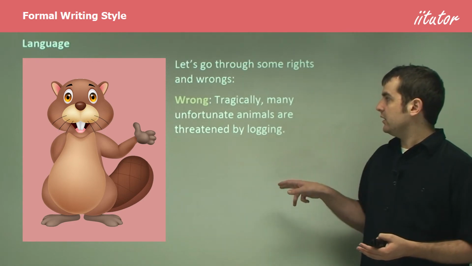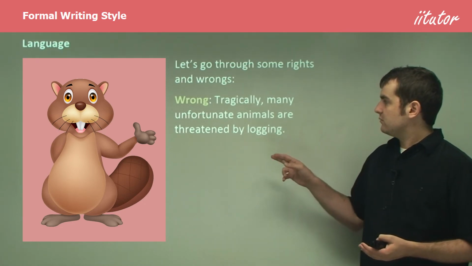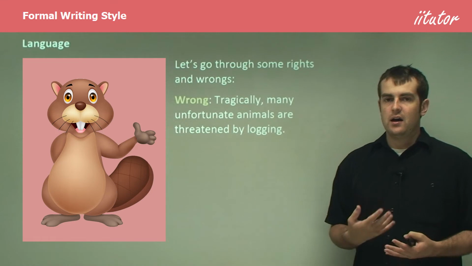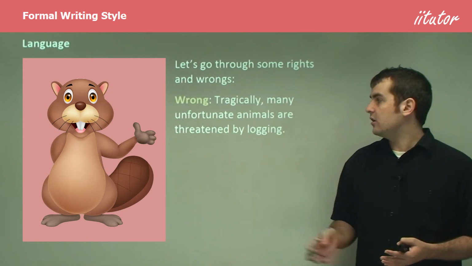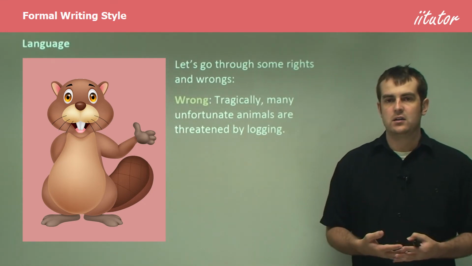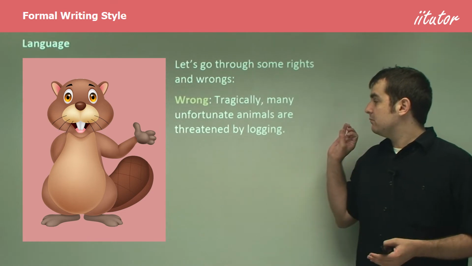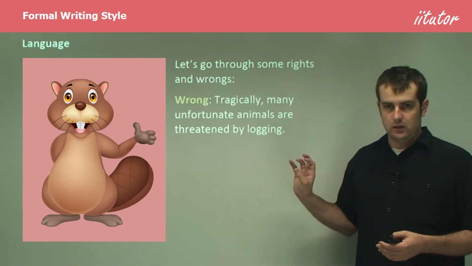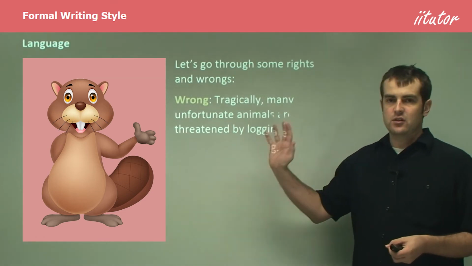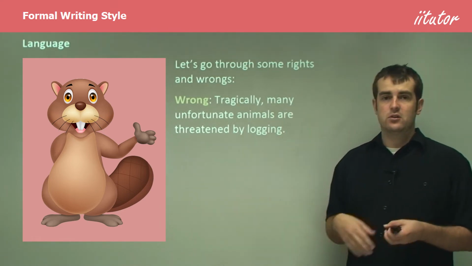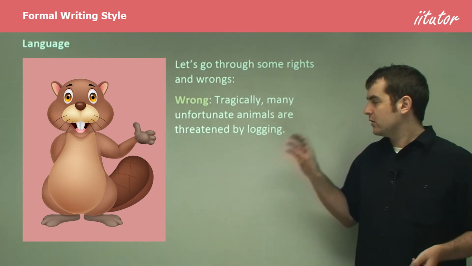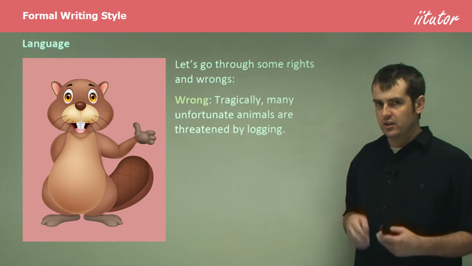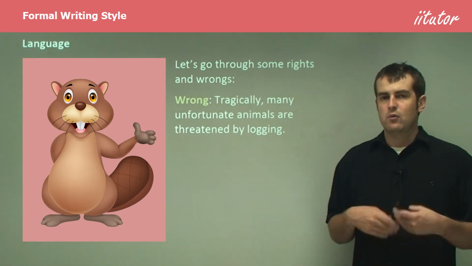Tragically and unfortunate are very much emotional terms, and it's trying to present an emotional argument. You would just say many beavers are threatened by logging. So ignore things like tragically and unfortunate, because those words are irrelevant and don't add to the meaning. It just seems like you're trying to make an emotional statement rather than a factual one.